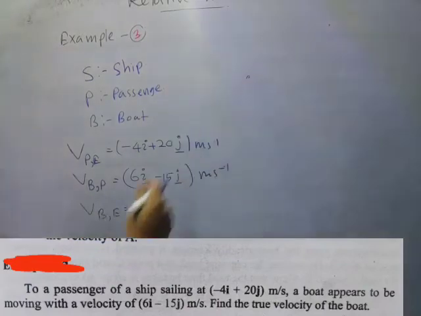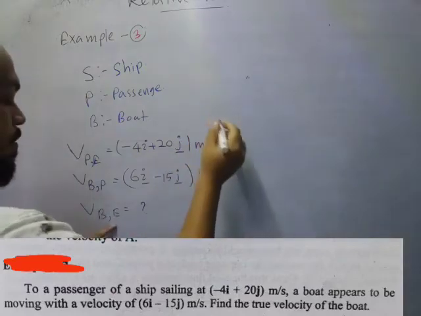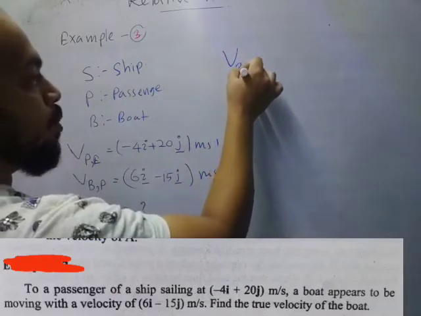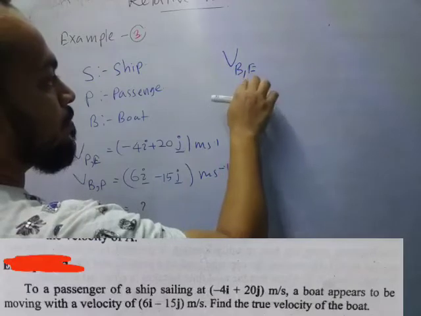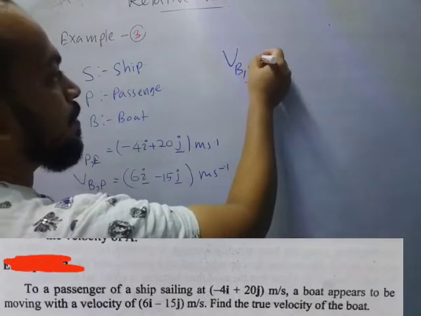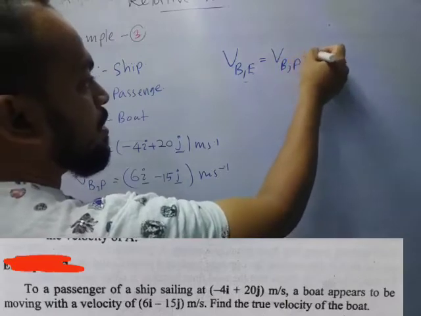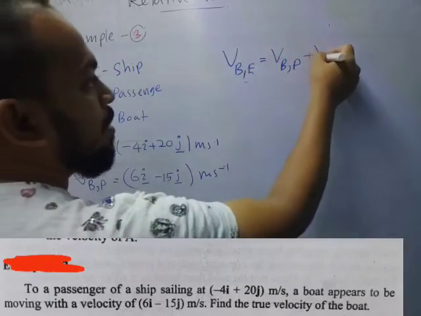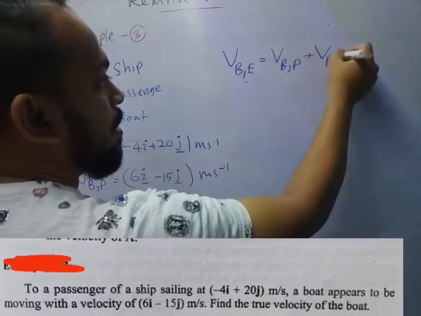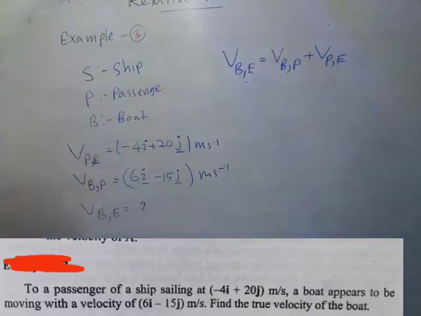So you can see that in this case, we need to find the velocity of boat relative to earth, which is equal to the velocity of boat relative to passenger, plus the velocity of passenger relative to earth. It's very simple.